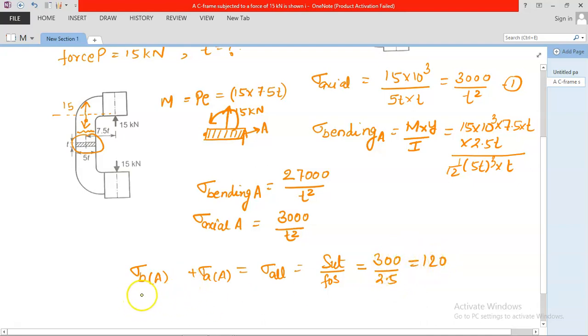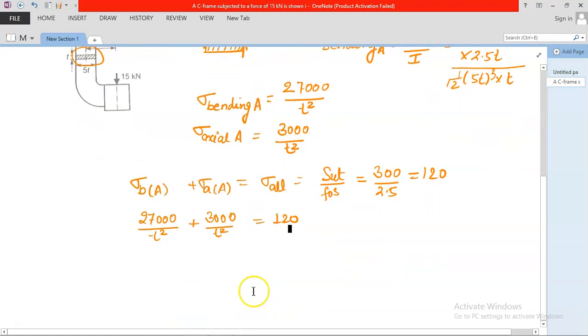Now 27,000 divided by t square plus 3000 divided by t square is equal to 120. Solving the equation, t square is equal to 30,000 divided by 120, and the value of t comes to 15.81 mm.